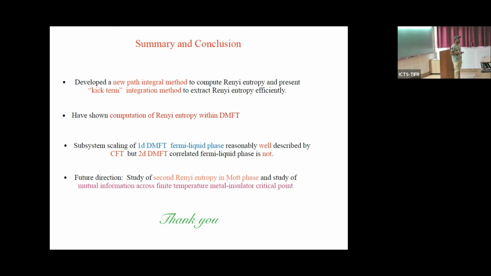Yes, in the mixed state there is always a thermal contribution, so you need to go to T tends to 0, then the thermal contribution becomes very small. I see, so in that sense the results at finite T are not exactly the entanglement entropy. Yes, that's correct. But that scaling formula is very important.